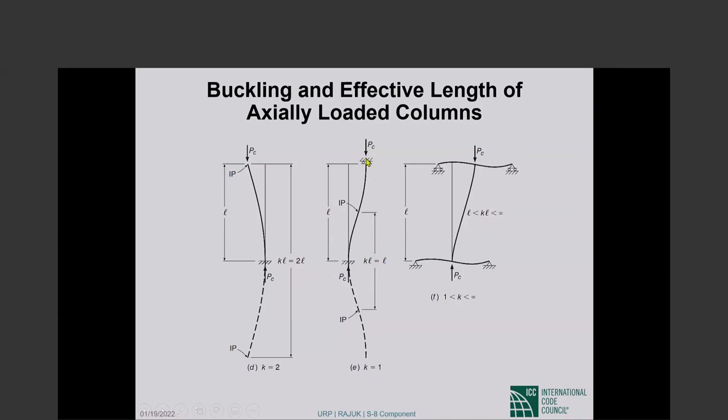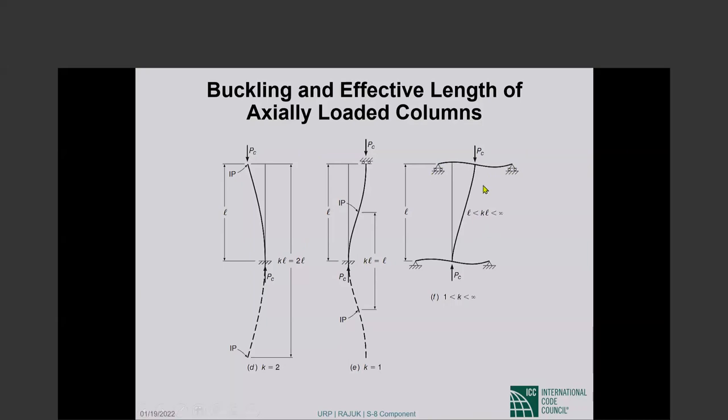Okay. This situation, if the beams are rigid, then the rotation will be largely restrained. But since translation is possible, your K is going to be equal to 1.